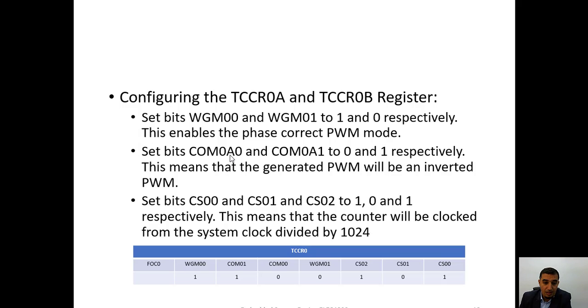COM0A0 and COM0A1 are 0, 1 respectively, so we will have the pulse width modulated signal inverted. And the clock select bits CS02, CS01 and CS00 are 101 respectively, which will enable division of the clock by 1024.